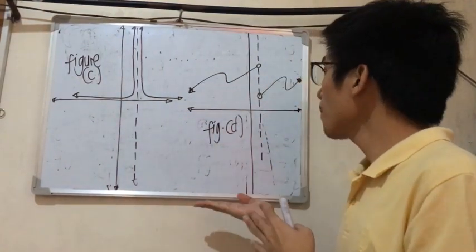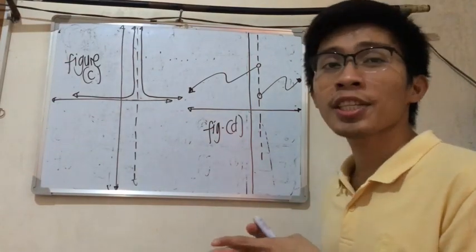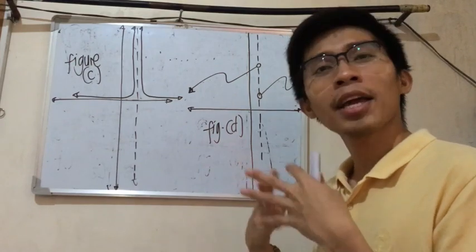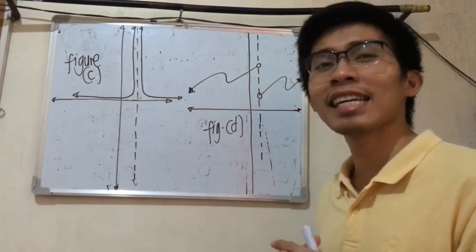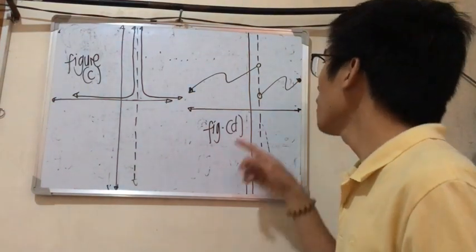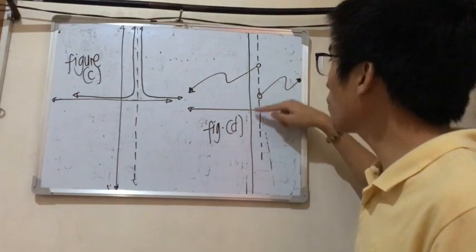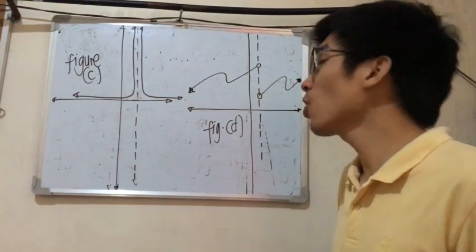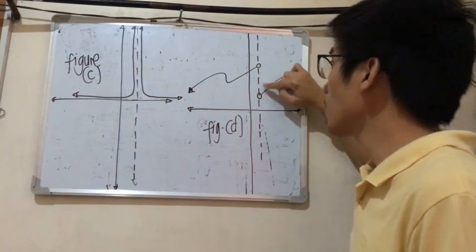For figure D, as you can observe, again, our function is not connected. Therefore, we can conclude that the function is not continuous because the function has breaks at this point, meaning the function is undefined at this point.